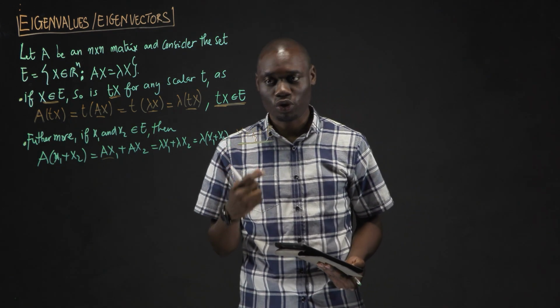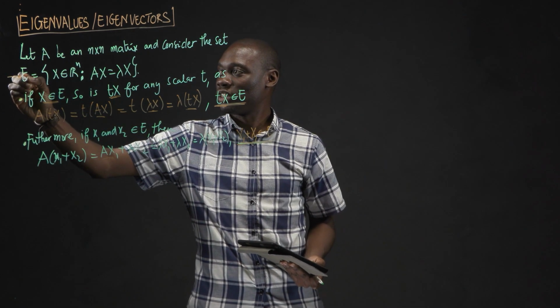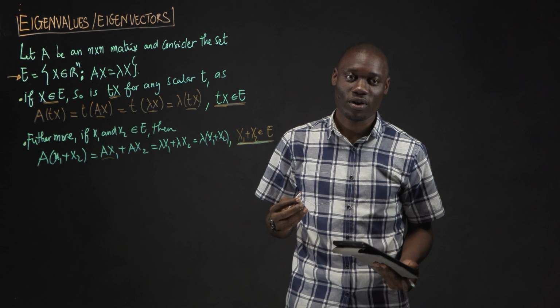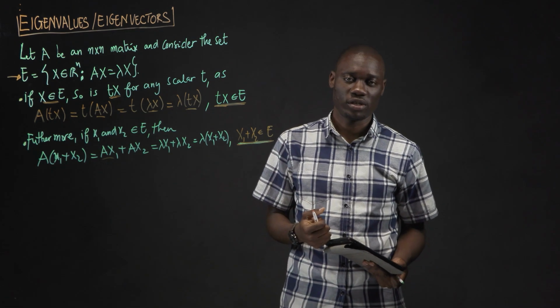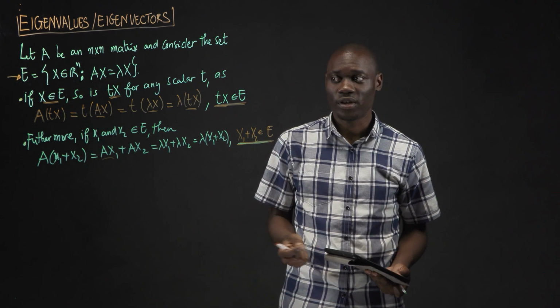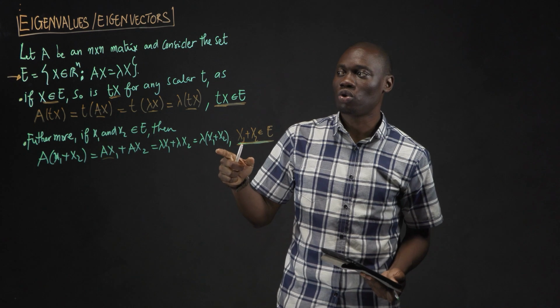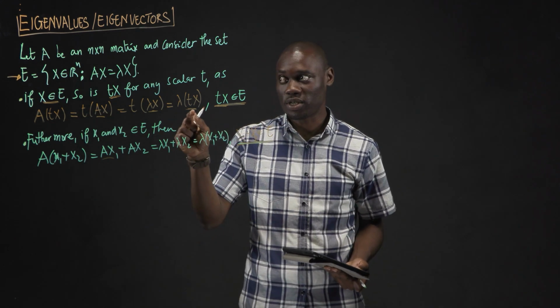For you to know that the set of vectors E is therefore a subspace, because it is closed under addition and also closed under scalar multiplication, right? Now, it is obvious for you to also realize that the zero vector also belongs to this set.